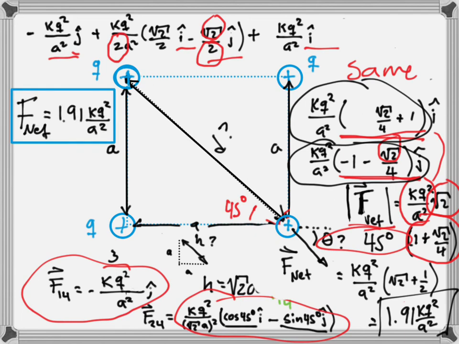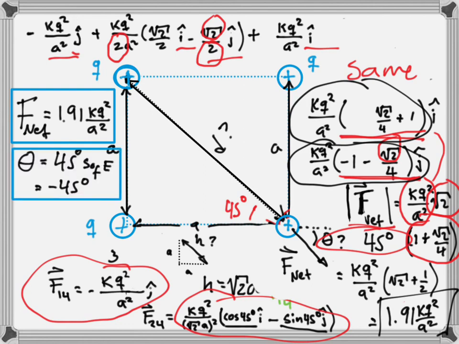So our final answer: the net force acting on the charge at the bottom right corner is going to be 1.91 kq squared over a squared, and the angle is going to be 45 degrees south of east, or you could write it as minus 45 degrees as the direction of the vector.